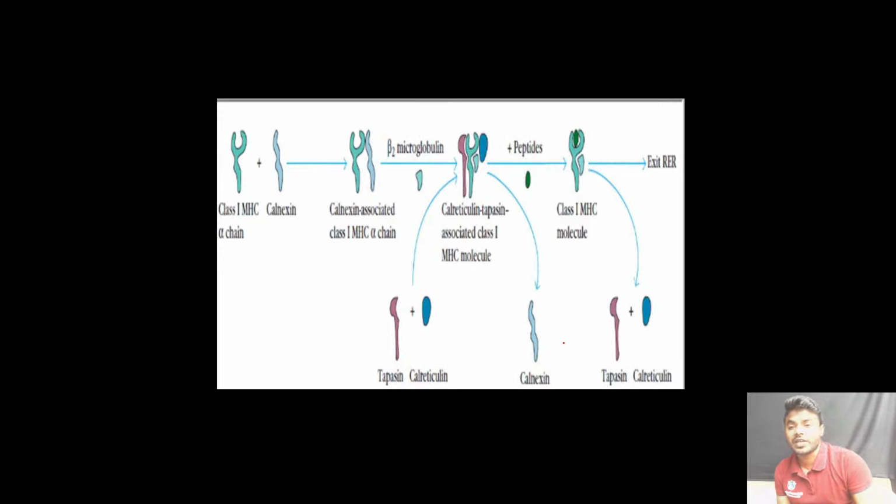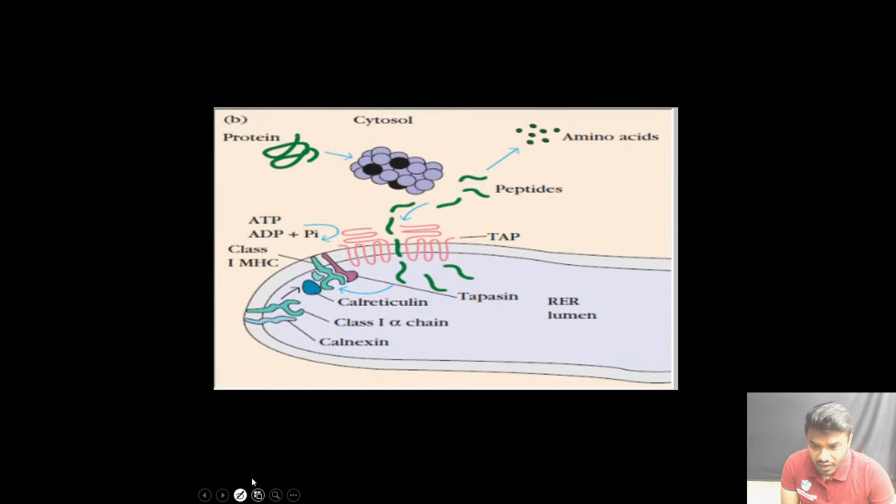If all of you quickly recall, in the endoplasmic reticulum, we have discussed very clearly there are three major proteins. One we can call tapasin, one we can call calreticulin, and another one we can call calnexin. Friends, these three proteins associate with this particular MHC molecule.